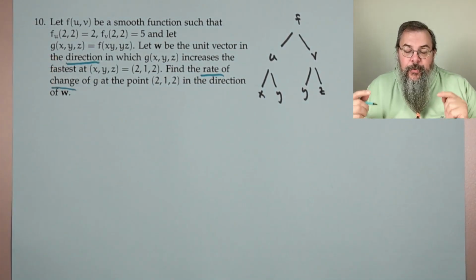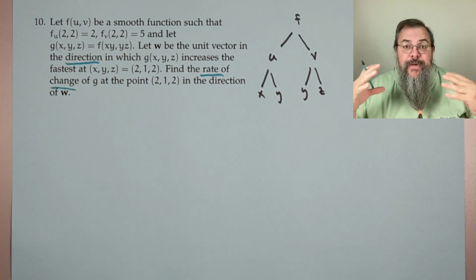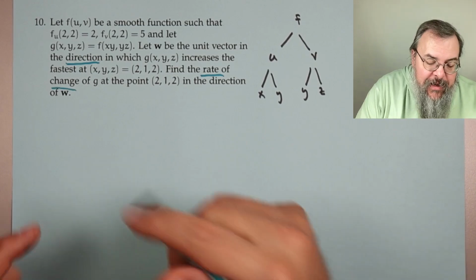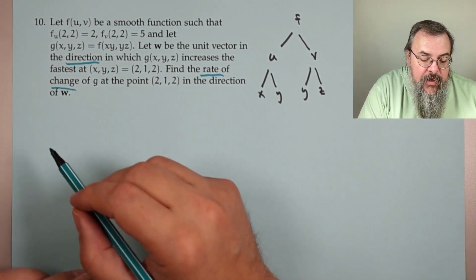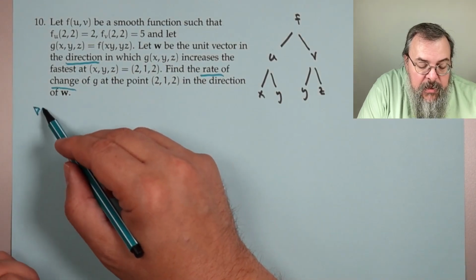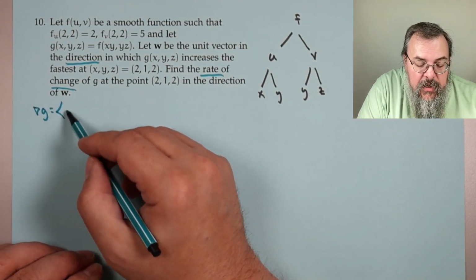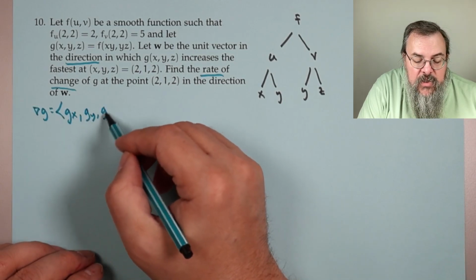So we need the gradient, because directional derivatives are built off of gradients. Here we go. What is the gradient of g? The gradient of g will look like g sub x, g sub y, g sub z.